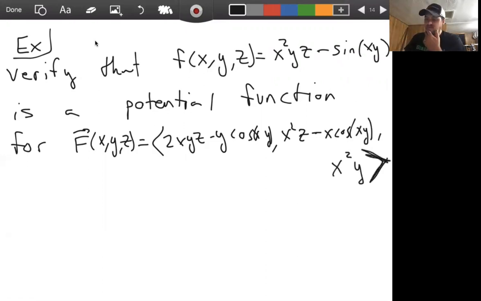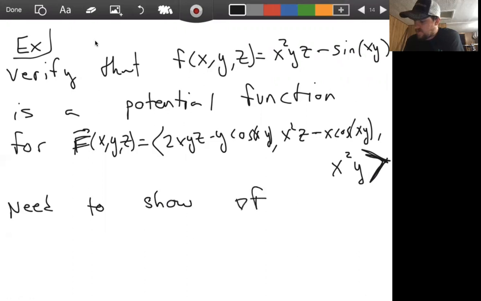And so what does it mean to verify that f is a potential function for this given vector field? Well, it means we need to show that the gradient of f is equal to this vector field, right?